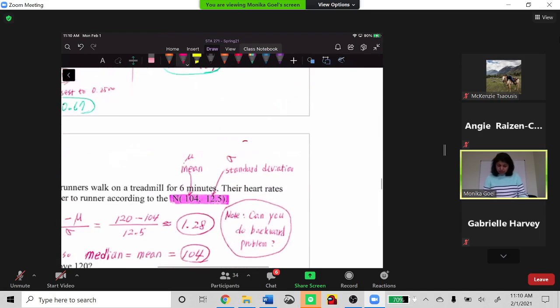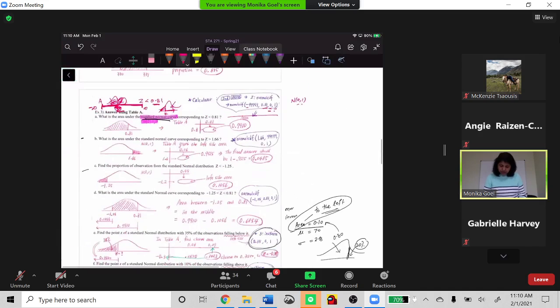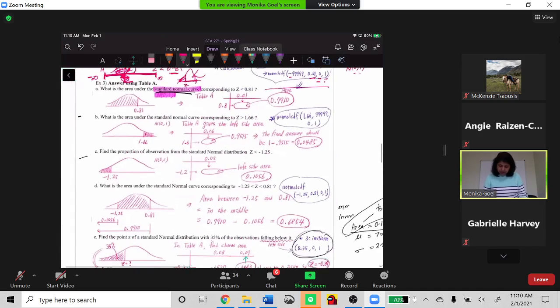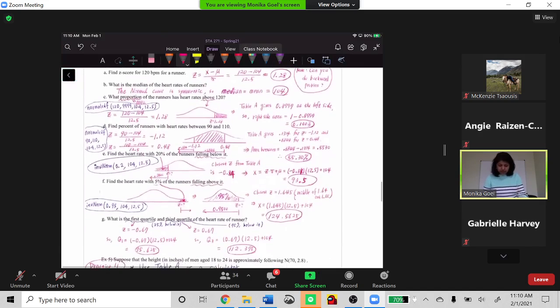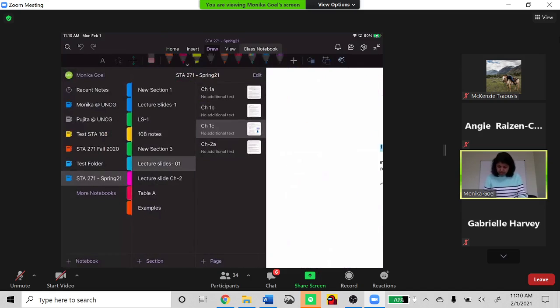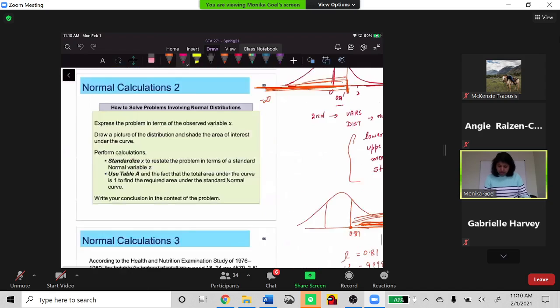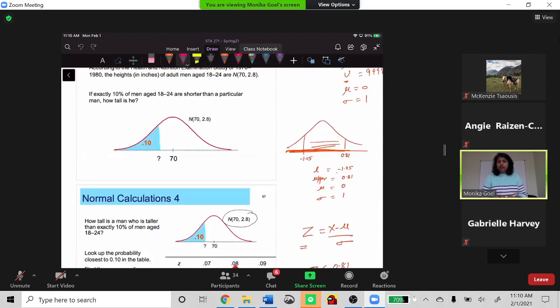So this is one thing that I want to review. And the other thing, the last topic in the slide that we were doing, is: if the area is given to us, how do we find the corresponding z or the corresponding x value?